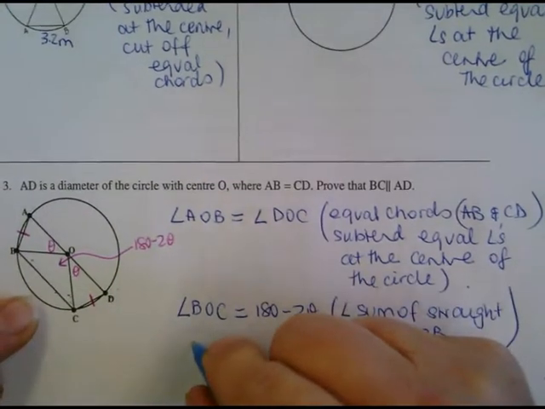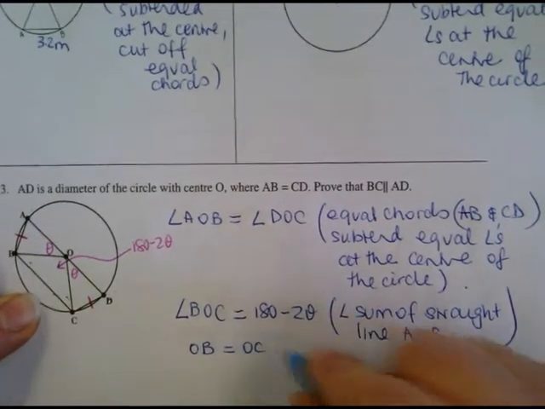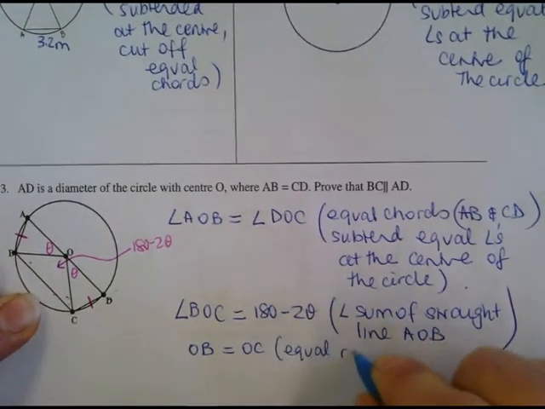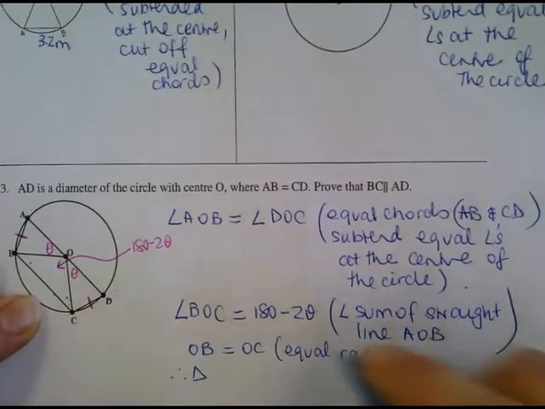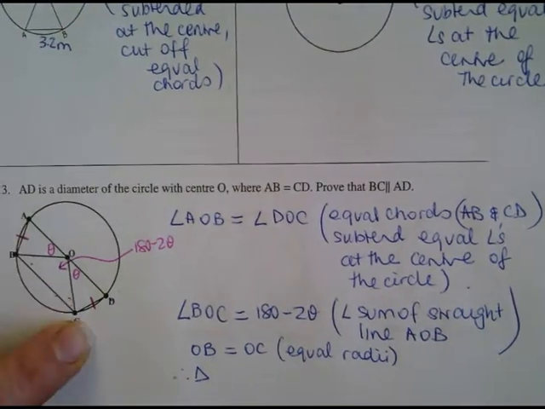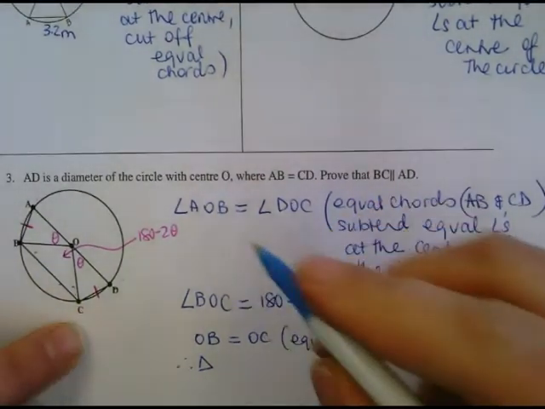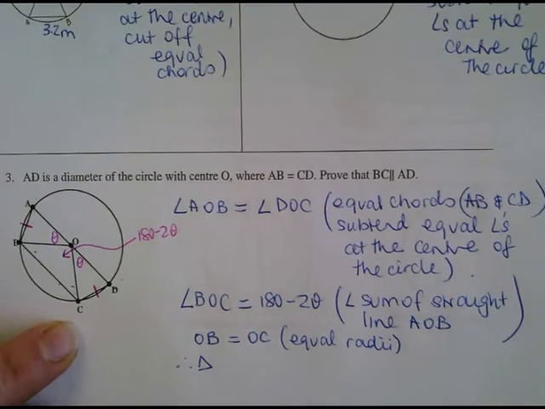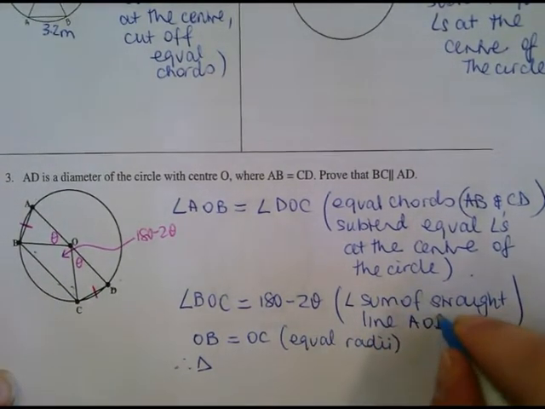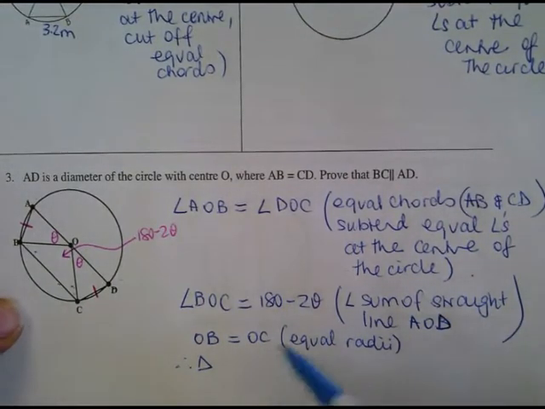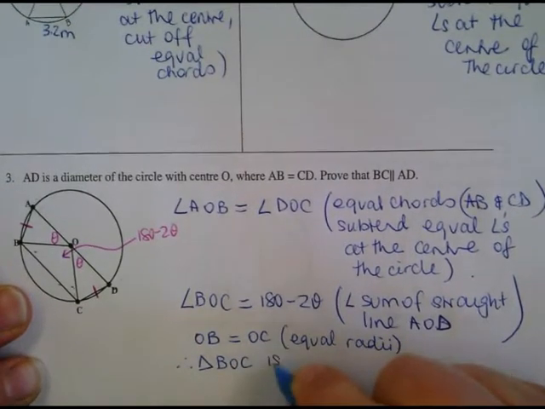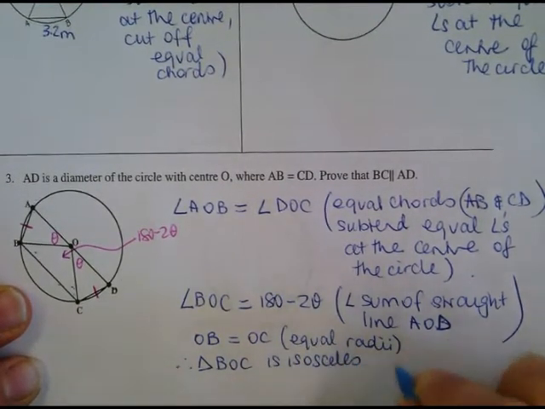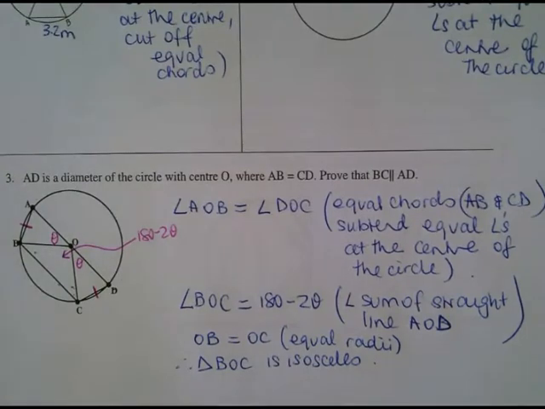Now we can say that OB equals OC, equal radii. Why am I doing that? So therefore triangle BOC is isosceles. I'm just saying that the triangle is isosceles.